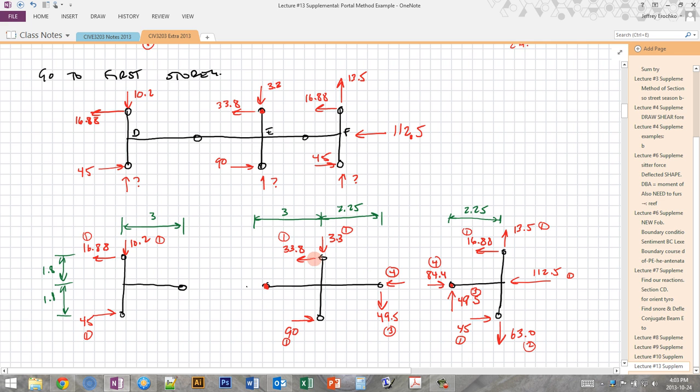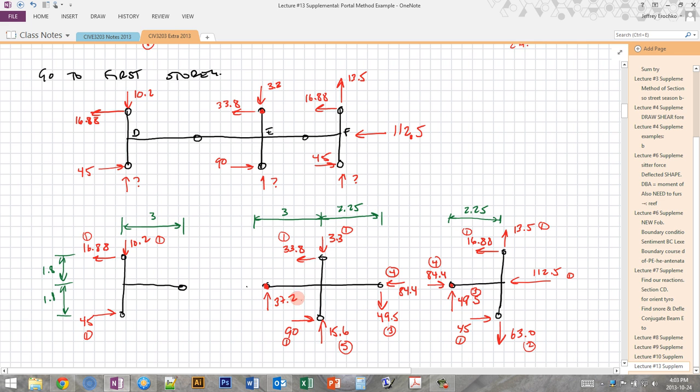And now I have to add up 1, 2, 3, 4 moments that are resisted by the vertical force at this location, again trying to keep track of it all. 15.6. So this is number 5. Oh, sorry, I didn't write this number here. 84.4.